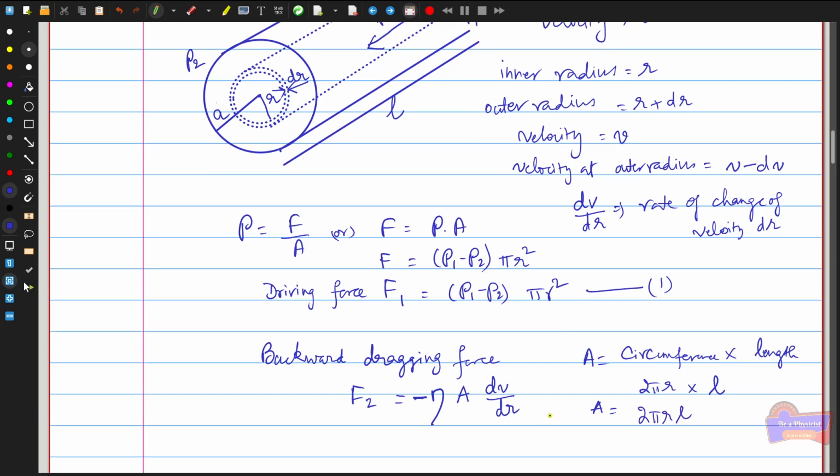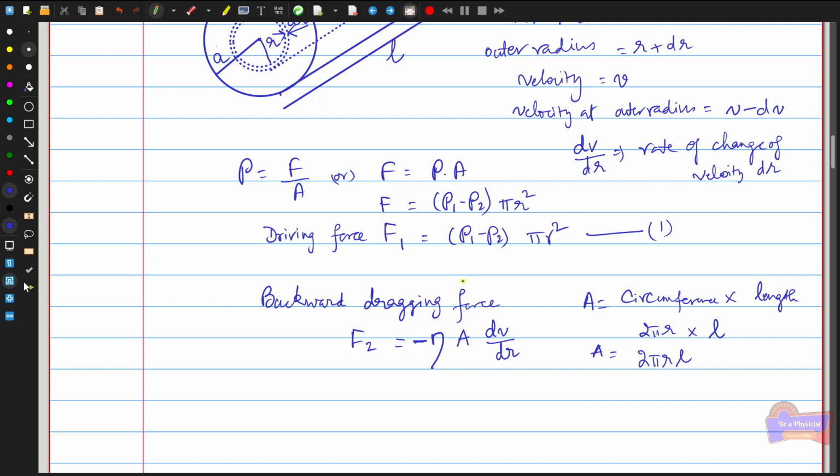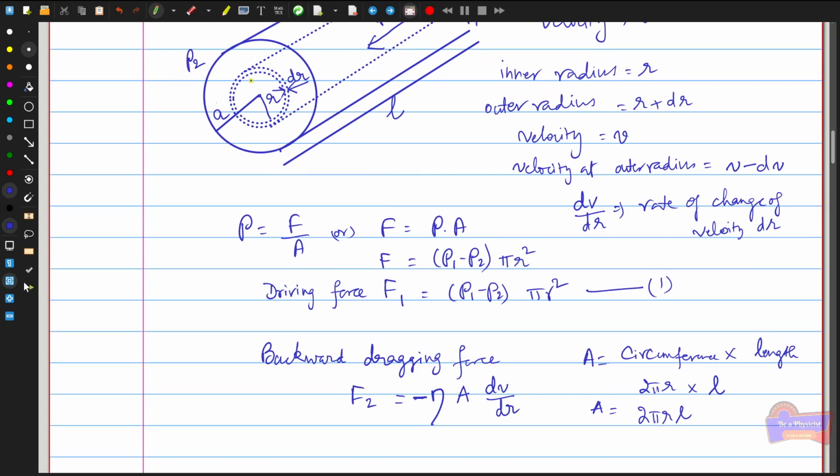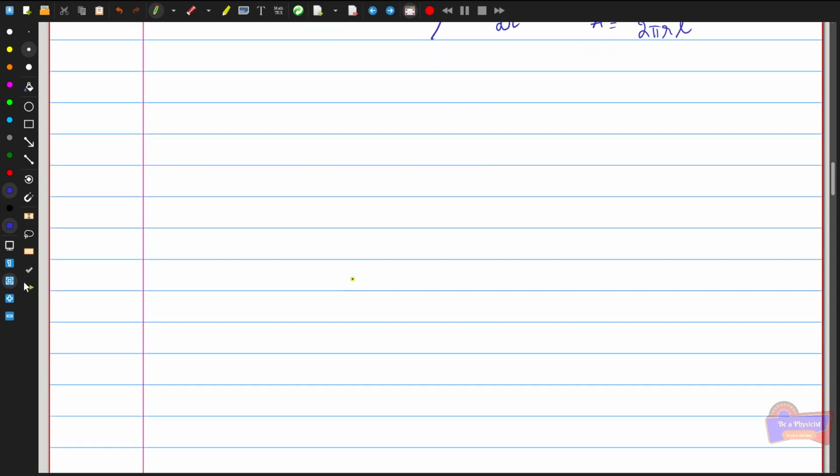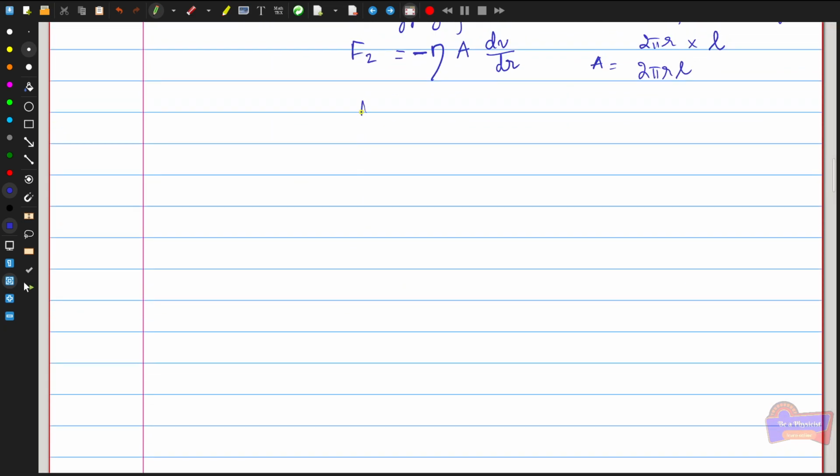This is the area of cross section of the capillary tube, so I can write this backward dragging force F2 as minus eta 2 pi r L dv by dr. So this is the backward dragging force.